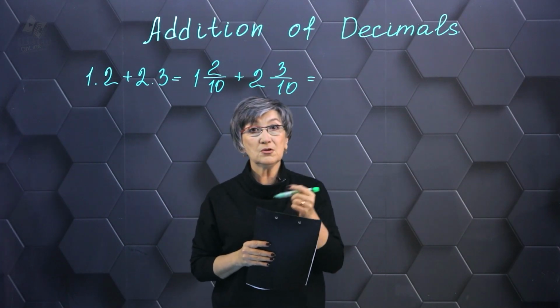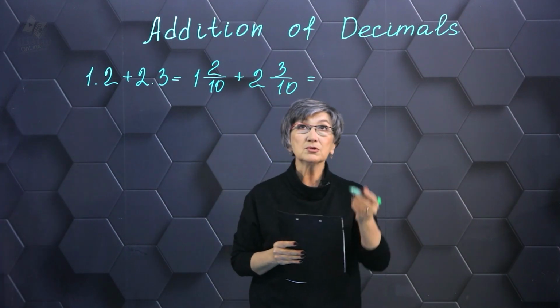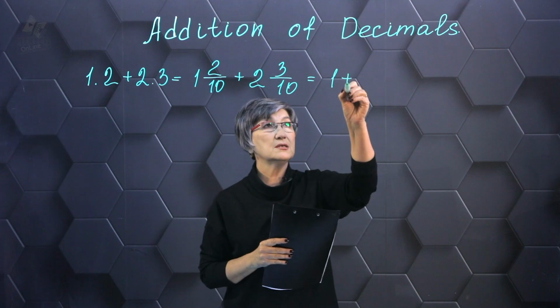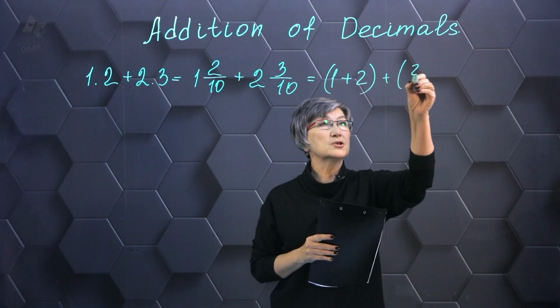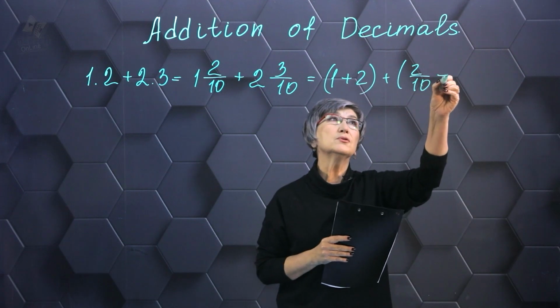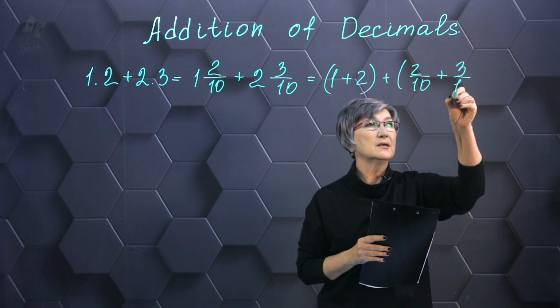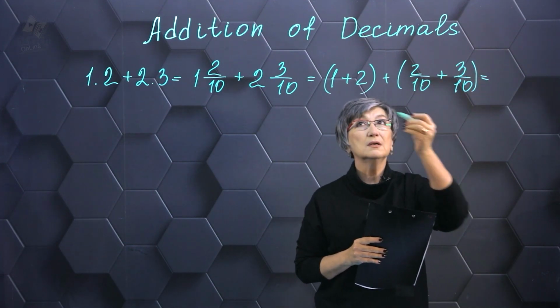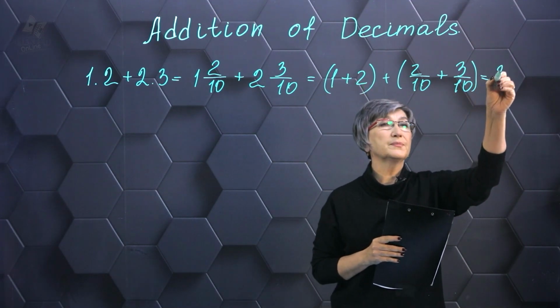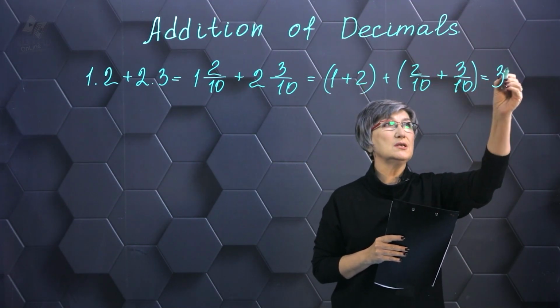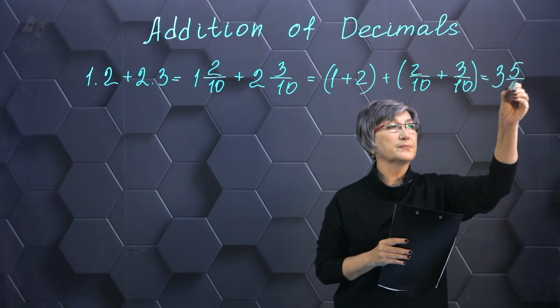My denominators are the same, so I can add the whole parts, 1 plus 2. And I can add the fractional parts, 2 tenths plus 3 tenths. What is the result? I end up with 1 plus 2, which is 3 wholes, and 2 tenths plus 3 tenths, which is 5 tenths.